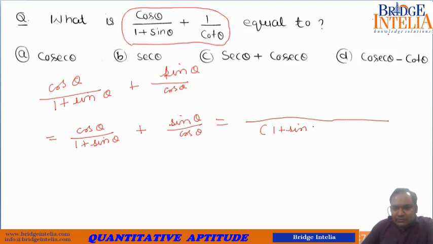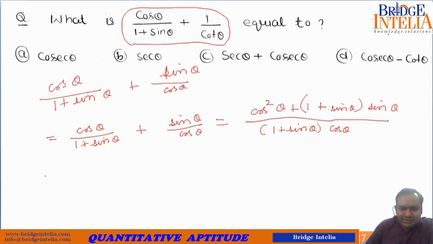So LCM comes out to be 1 into sine theta into cos theta. Whereas the numerator becomes cos square theta plus 1 plus sine theta multiplied by, so we have to multiply these two terms, 1 plus sine theta whole into sine theta. So let's simplify this further.